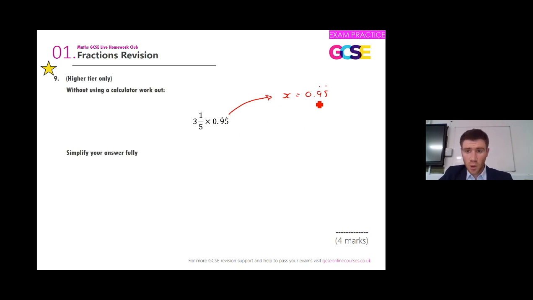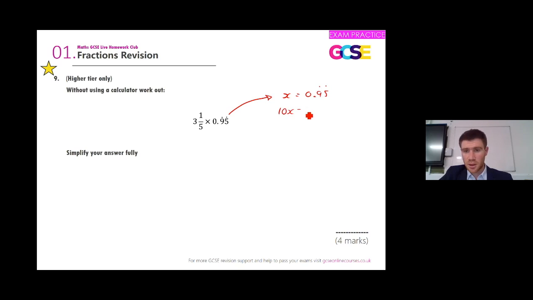We're going to get rid of that recurring part. What that means is you want to have an x term that has 95 in it after the decimal as well. Some of you might think to times it by 10 and you'd have 9.59. That's not going to be the one you want.